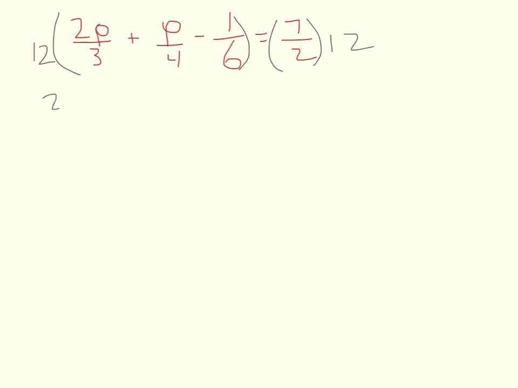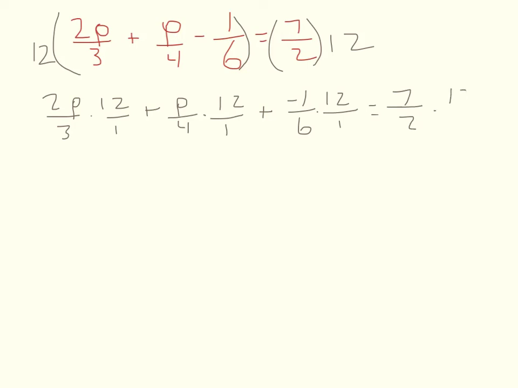So I have 2p over 3 times 12 over 1, plus p over 4 times 12 over 1, plus -1/6 times 12 over 1, equals 7/2 times 12 over 1. It's kind of repetitive, but we'll get there.